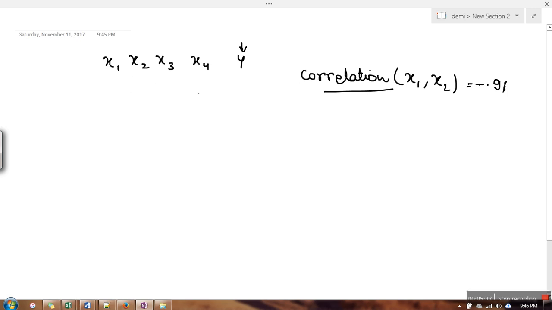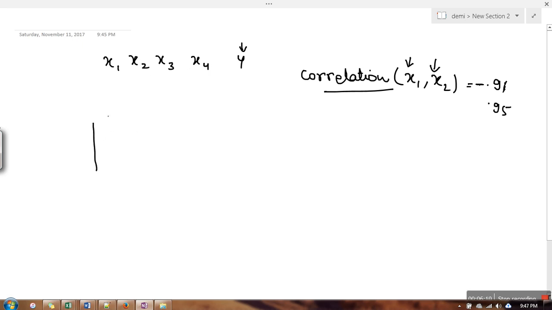Normally people calculate the correlation between each pair of these variables, and then they find the set of pairs of variables which are highly correlated. If a correlation is giving you 0.9, 0.95, it means those variables are highly correlated, or they are conveying the same information. So in that case we can consider only one of them, it will be sufficient. So this is one way of dimension reduction, we can calculate the correlation.